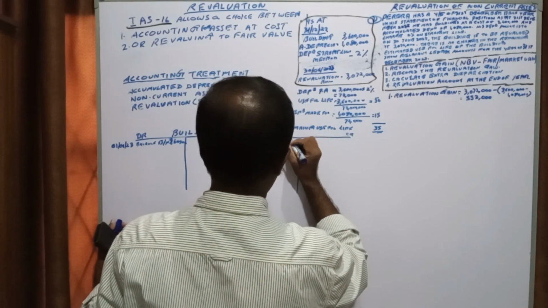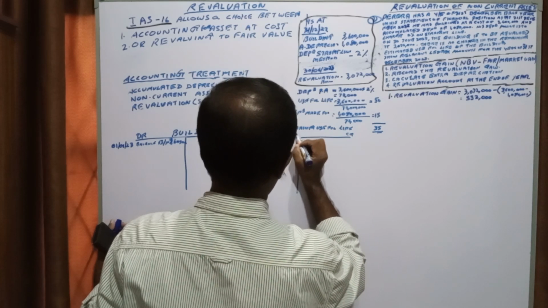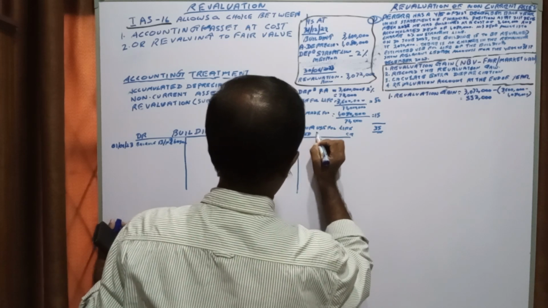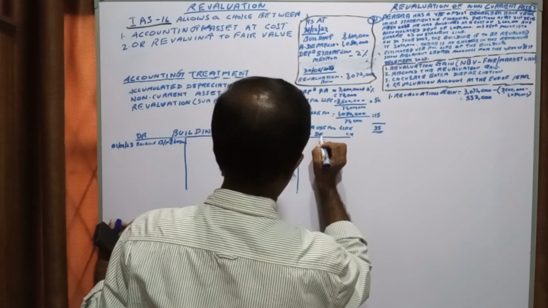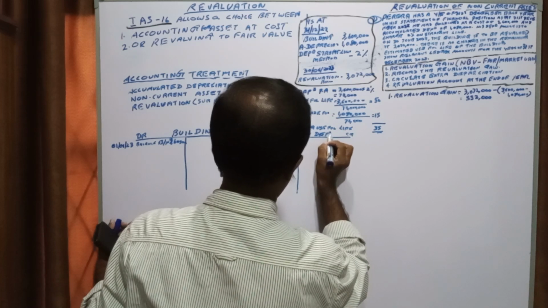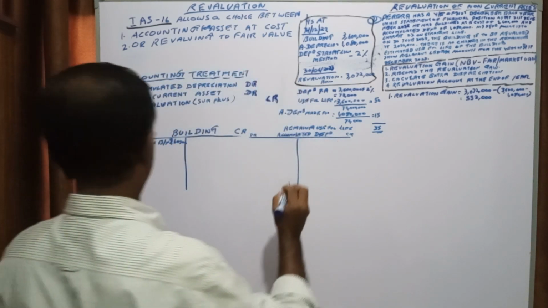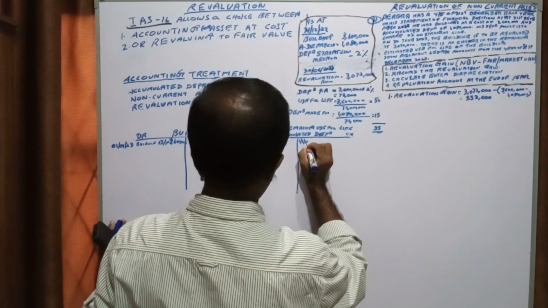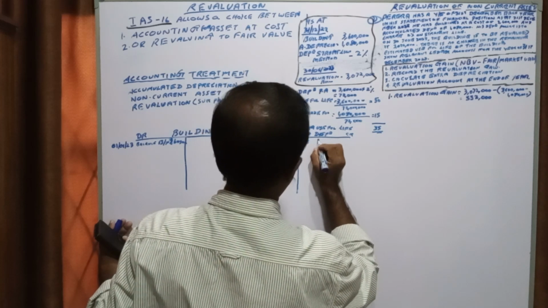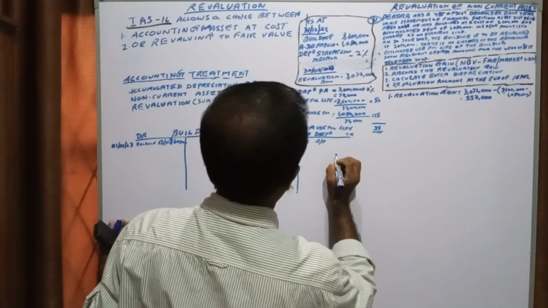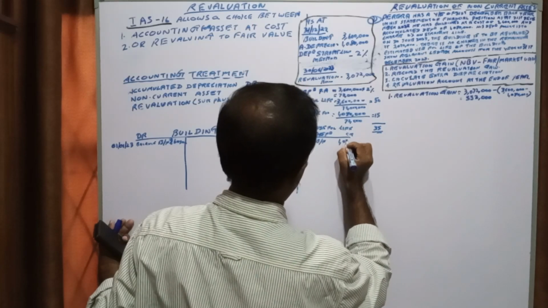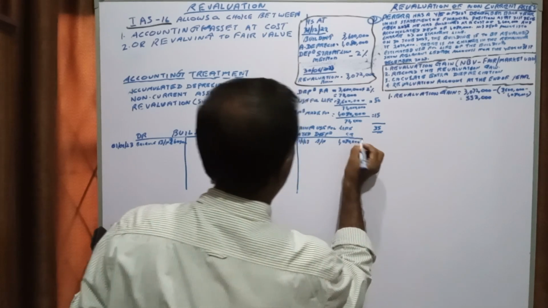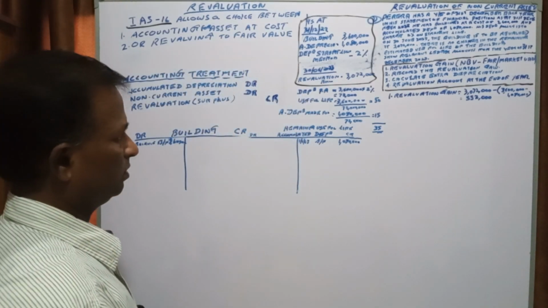Accumulated depreciation on 1/1/23, balance brought forward 1,080,000, right?